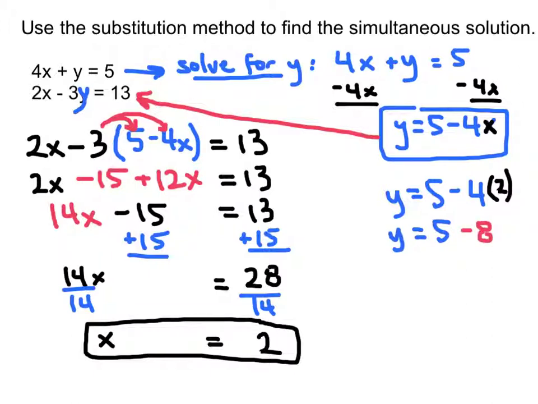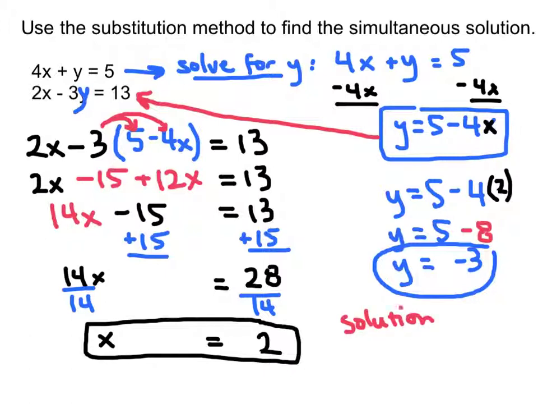And simplifying 5 minus 8, we get y equals negative 3. So now we have the y value of our system. And if we're going to tie everything up in the end, we can say that our final solution, written as an ordered pair, is 2, negative 3. And that solves our system.